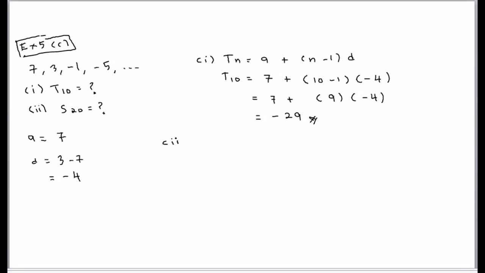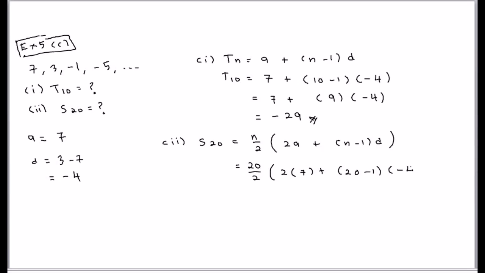Question number 2. This time we want to find S20. Let's use this formula: n over 2 times 2a plus n minus 1 d. Substitute. Since we want to find S20, the sum of 20 terms, our n equals 20. A is 7, and 20, and our D negative 4.